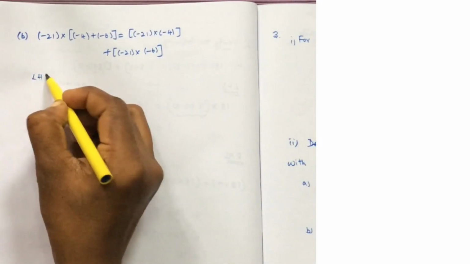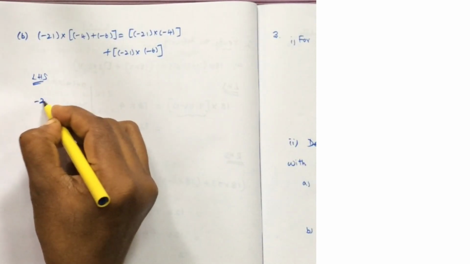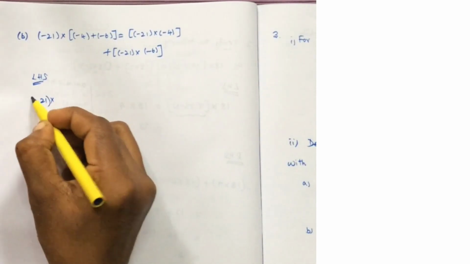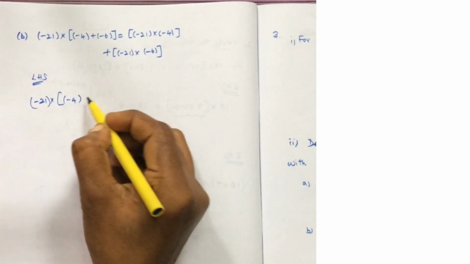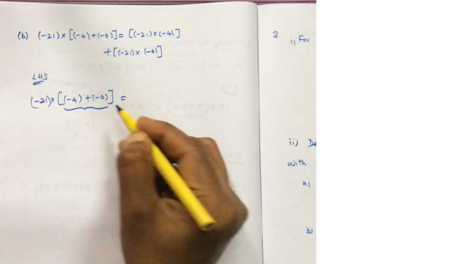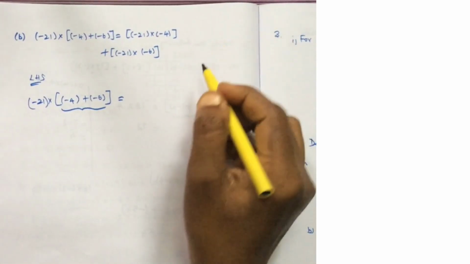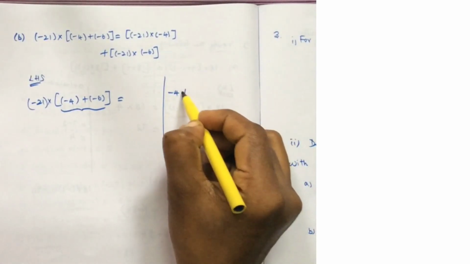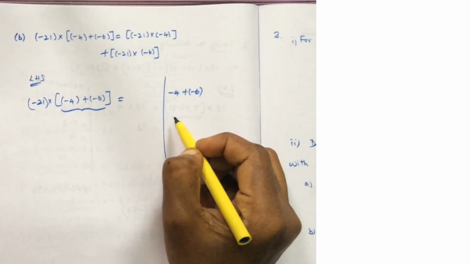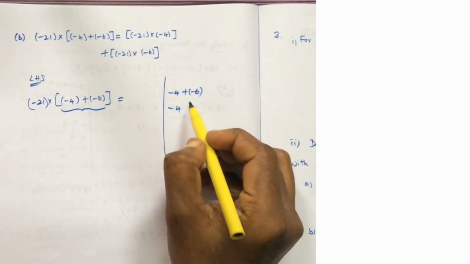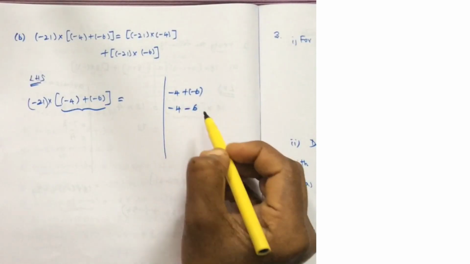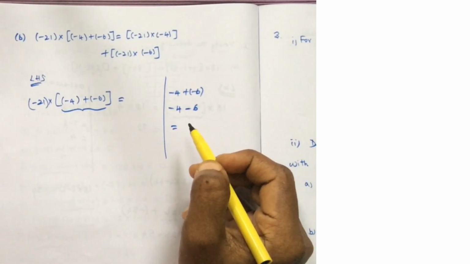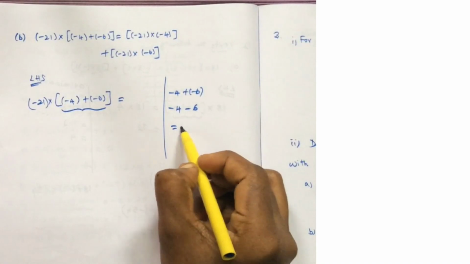The next problem is we have to verify this. Let me take the left hand side, minus 21 multiplied by minus 4 plus of minus 6. Okay, we have to solve which is inside the bracket first. So here it is minus 4 plus of minus 6, that is equal to minus 4, this plus into minus, minus 6, which is equal to minus 10.